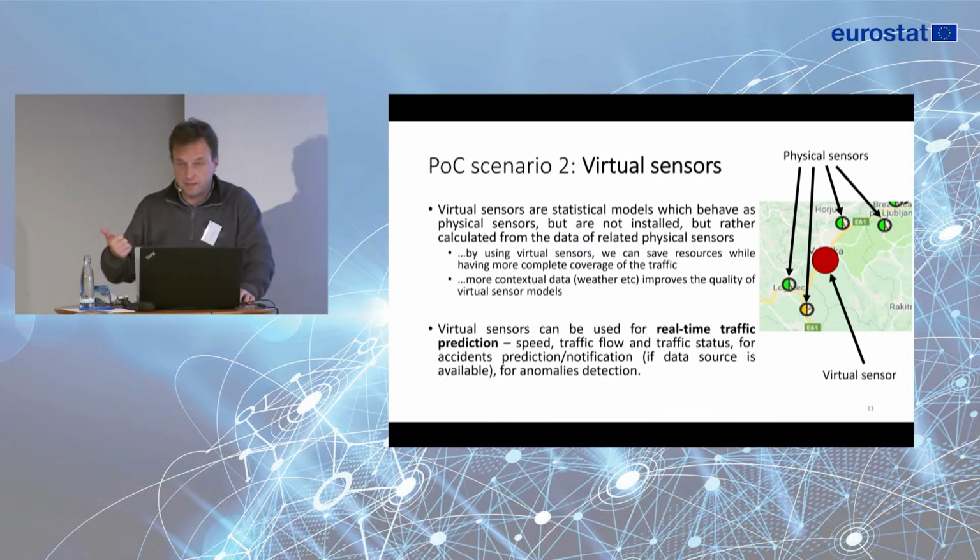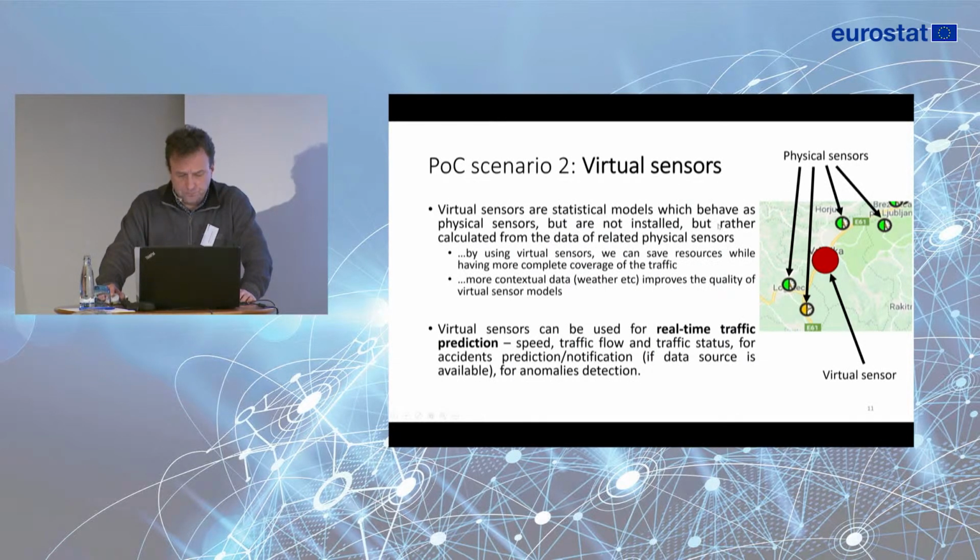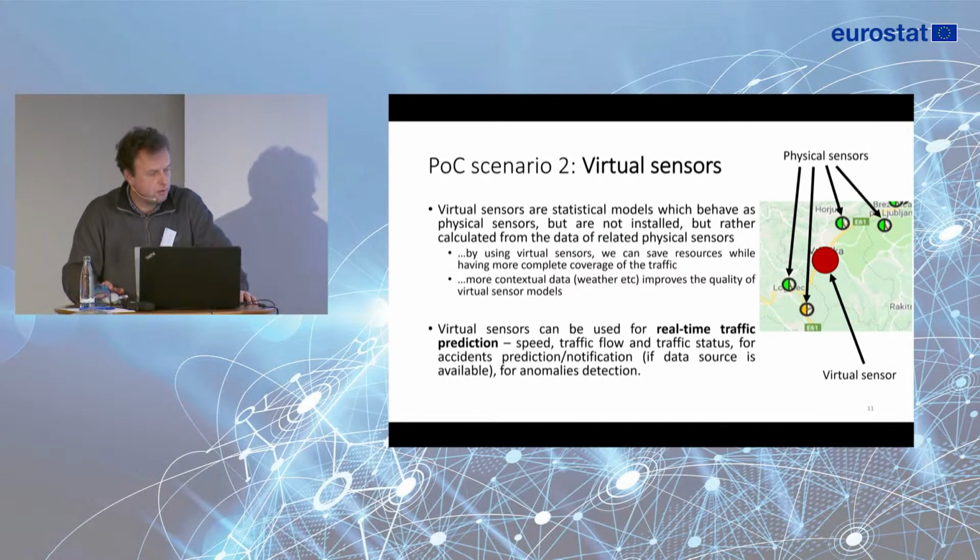This means sensors plus the context, like weather and other conditions which possibly influence the value. As part of this proof of concept, we made a piece of research, and we have results on when and how to construct this kind of virtual sensors for the area of Slovenia.